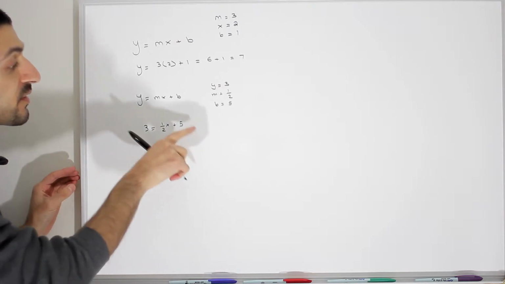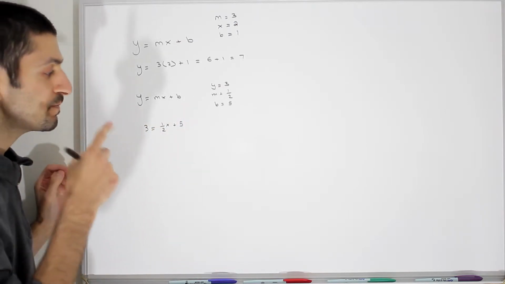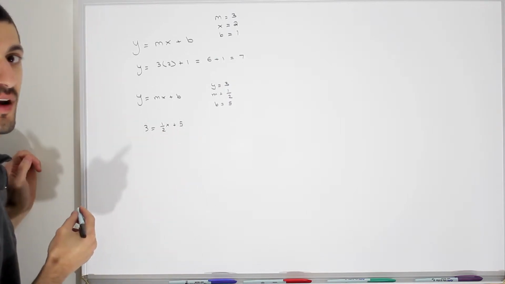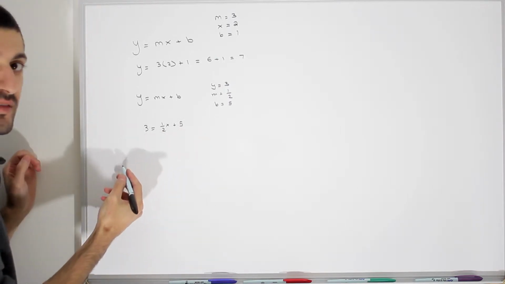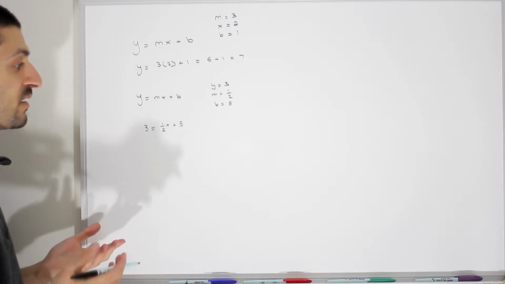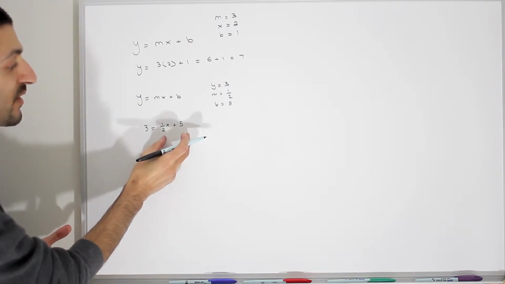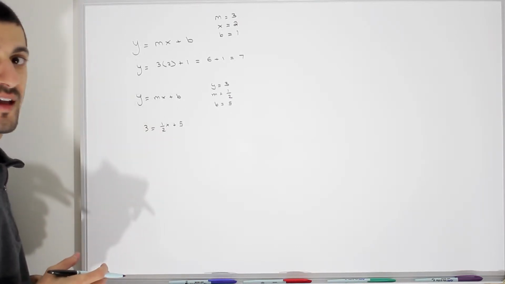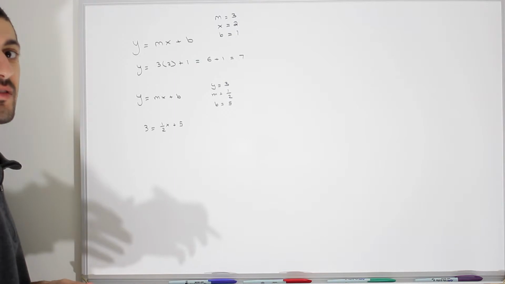To solve the equation, one has to isolate the x on one side of the equality with everything else on the other side. To do that, you simply move these numbers from this side to that side, with the exception of x. And whatever you do on one side, you have to do on the other side.